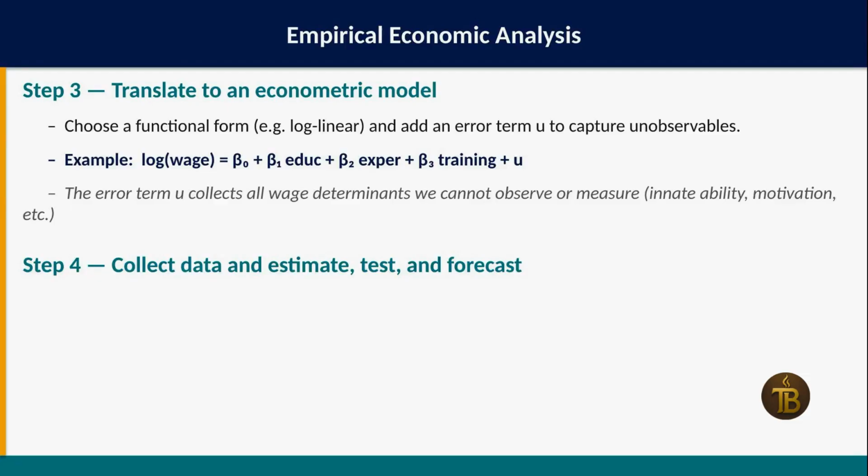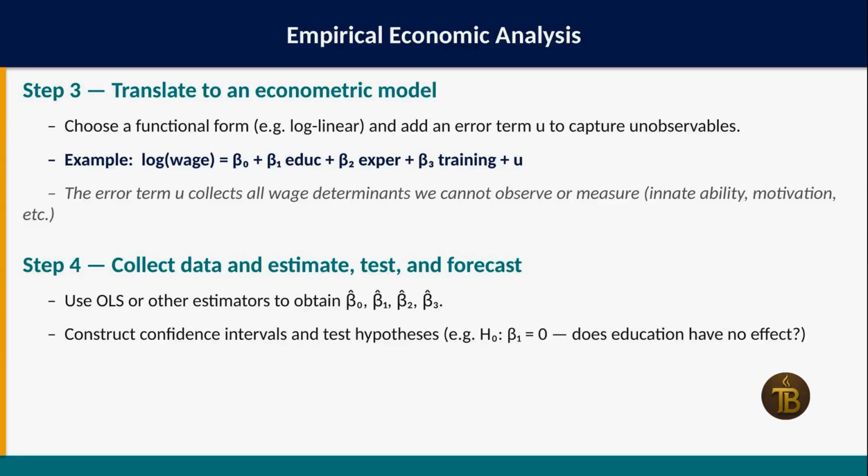The fourth and final step is to collect data, and then estimate the model, test hypotheses about it, and use it to forecast. In practice, this usually means using OLS or another estimator to obtain estimates of each beta coefficient. From there, you construct confidence intervals and test hypotheses.